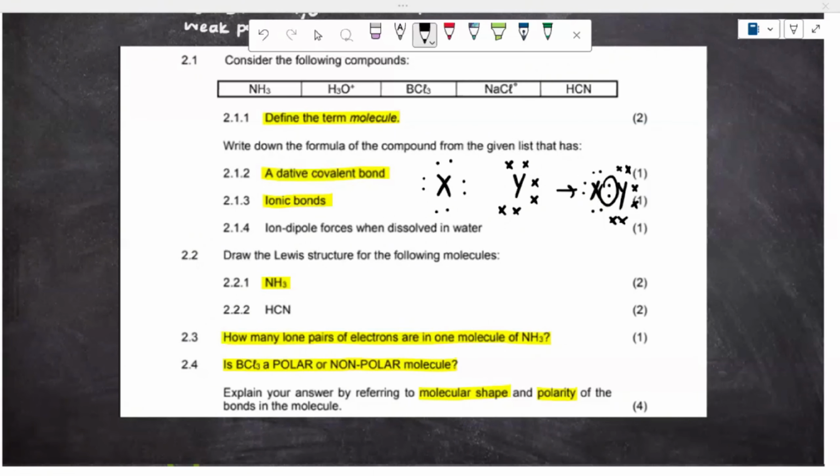So now, based on the options that we have here, which of these do you think would be a dative covalent bond? Number two. Okay, you said number two.